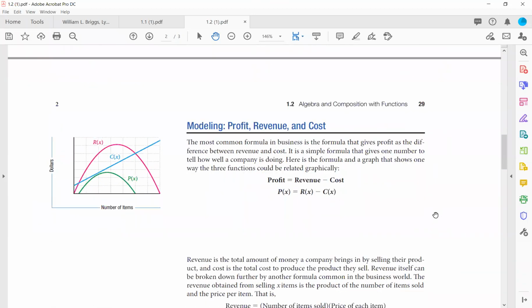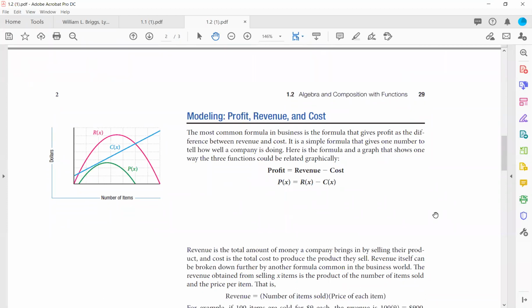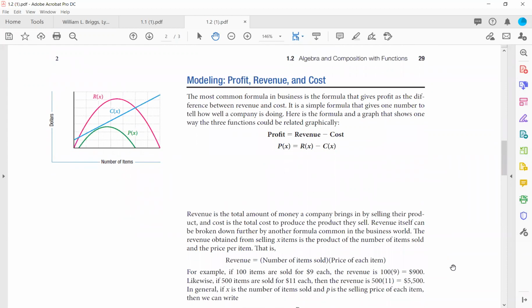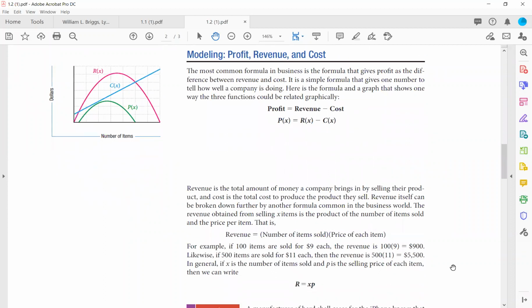Modeling profit, revenue, and cost. Very well. The profit function is defined as revenue minus cost. Profit, P of x, is equal to revenue, R of x, minus the cost, C of x. So how do we calculate the revenue?